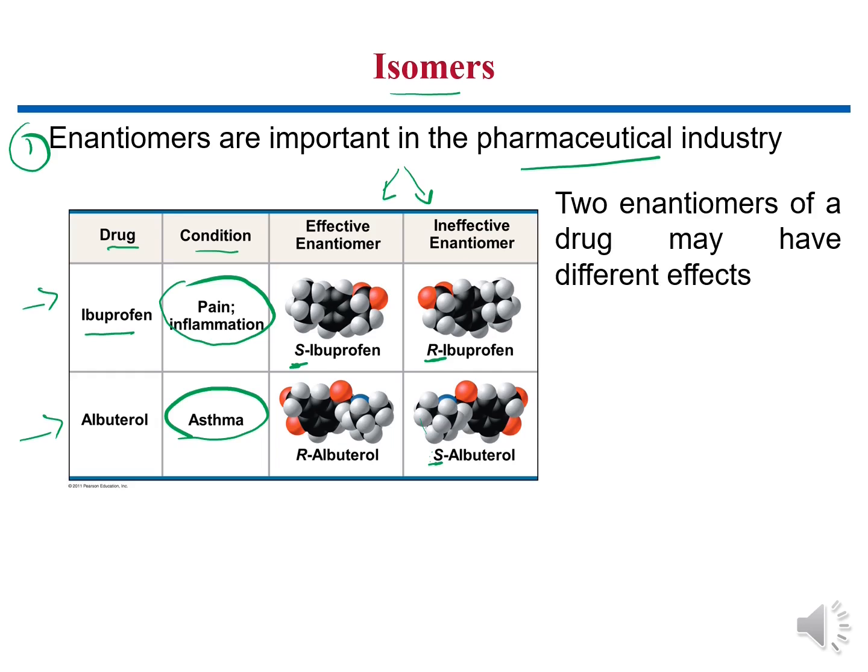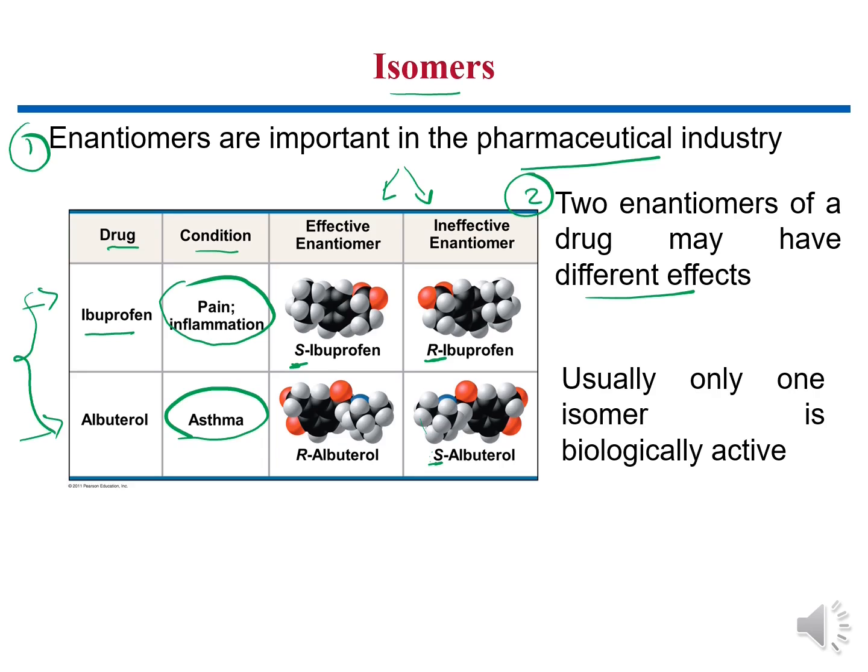The second thing that we saw in this table is that enantiomers may have different effects, like what happened here with these two medications. Another thing is that usually only one isomer is biologically active. It doesn't depend on whether it's an S enantiomer or an R enantiomer.